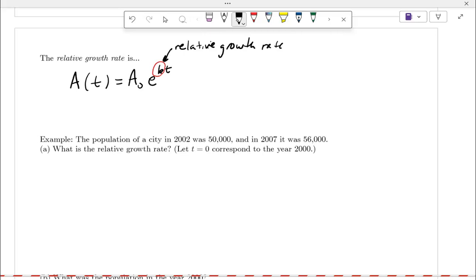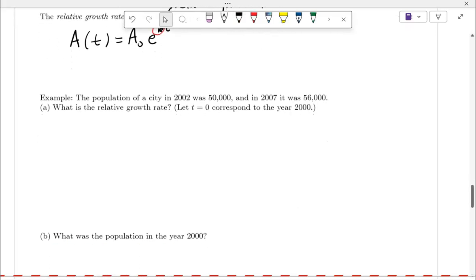So anyway, let's look at this next example that we have in here. It says the population of the city in 2002 was 50,000, and in 2007 it was 56,000. The first thing it asks you to do is figure out what the relative growth rate is.